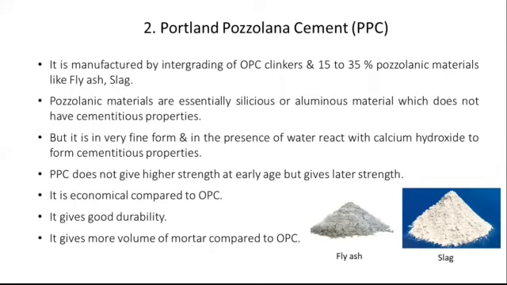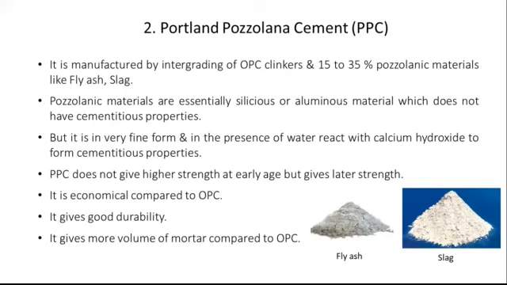Now, second is Portland pozzolana cement. It is manufactured by intergrinding OPC, that is, ordinary Portland cement clinkers, and 15 to 35% of pozzolanic material like fly ash and slag.